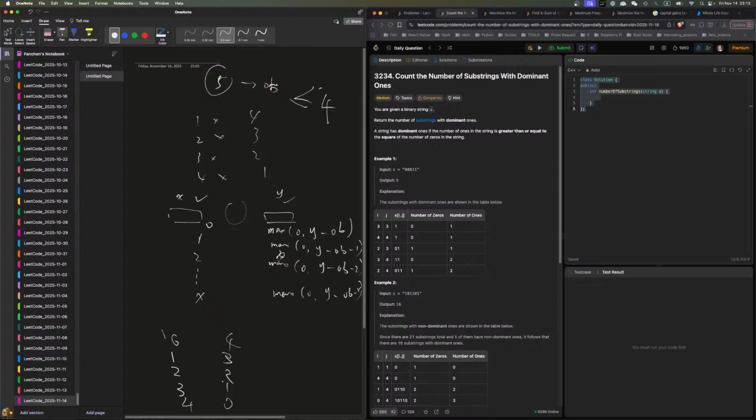What if on the left, on the right, we don't have 4? Minimum of these. Let's actually just add this up.